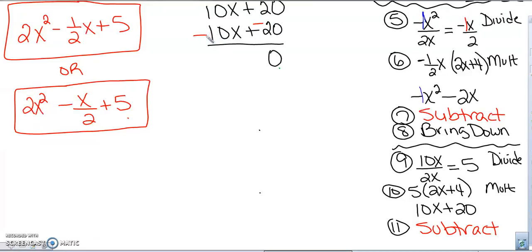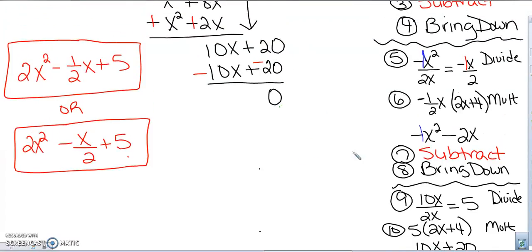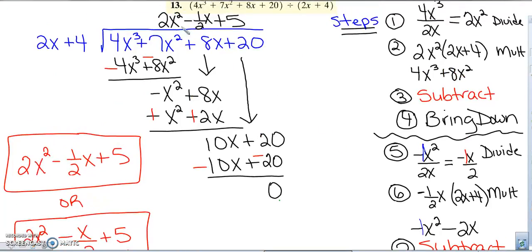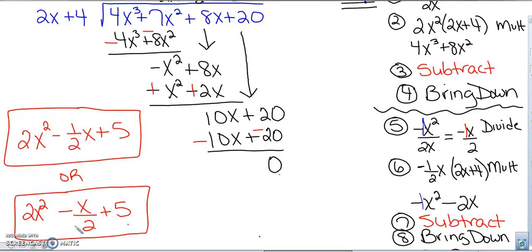This was a positive, we make it negative. This was a positive, we make it negative. This cancels, so we have no remainder. Our final answer is going to be this. You can write your final answer like this or like this with the 1/2 x or the negative x over 2.